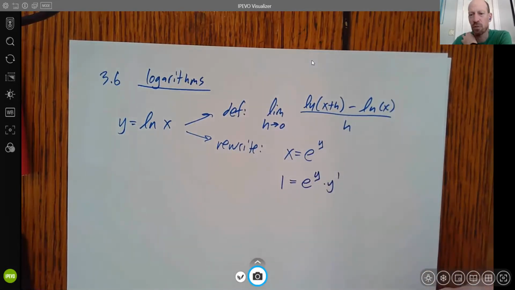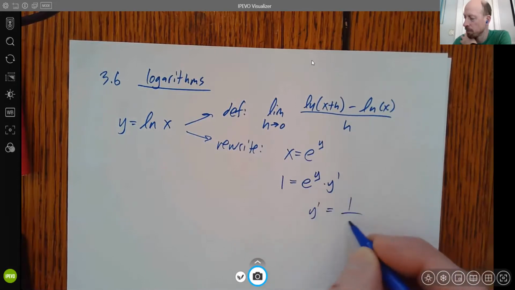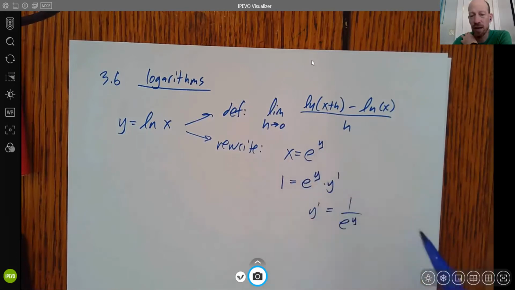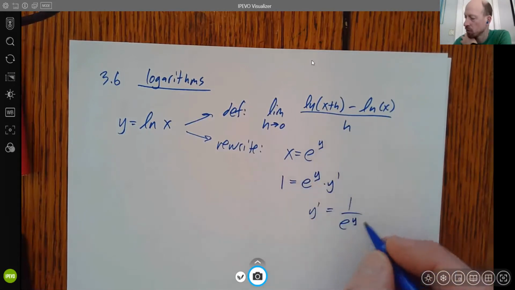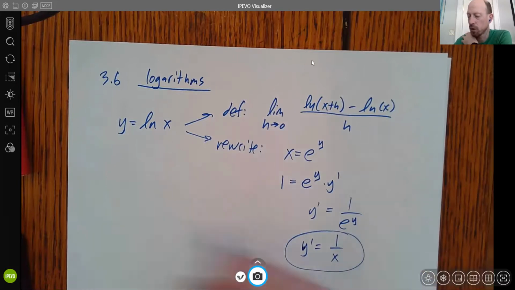Derivative of x is 1, derivative of e to the y times y prime. We do a little bit of algebra there, and then I just have to remember that e to the y is really x. So just like before, I replace y prime, and I get the derivative as 1 over x.